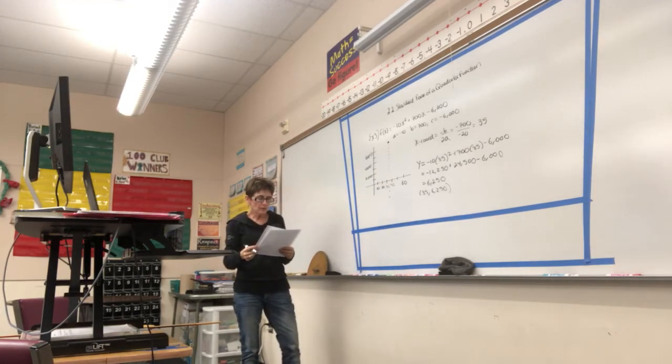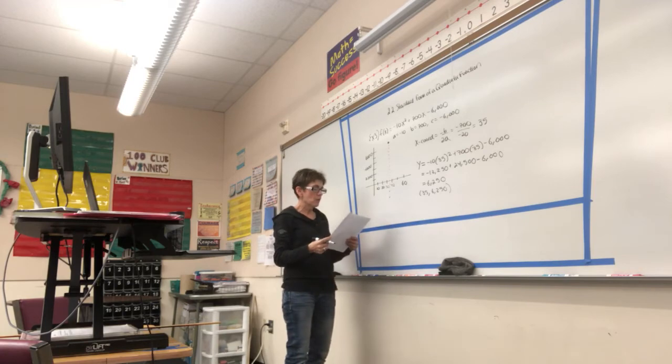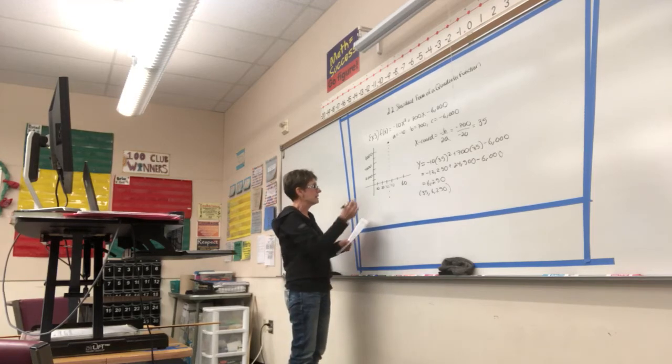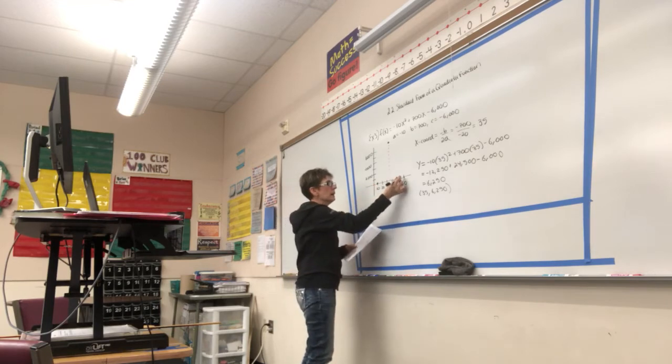Now, this graph is going to go quite steeply down, but they don't want us to graph the entire thing. We can essentially just graph that vertex. I think I did a little bit of extra work on this and saw that we had an x-intercept at 10 and at 60.